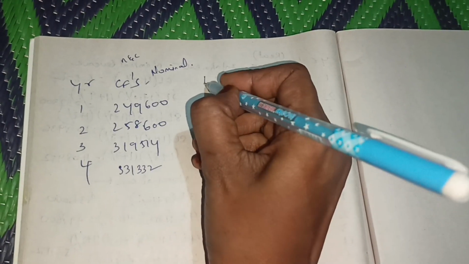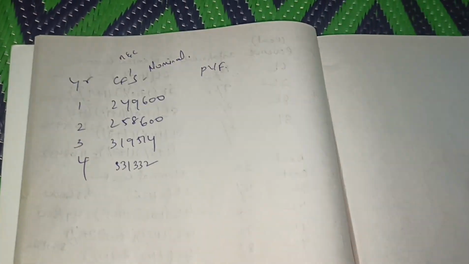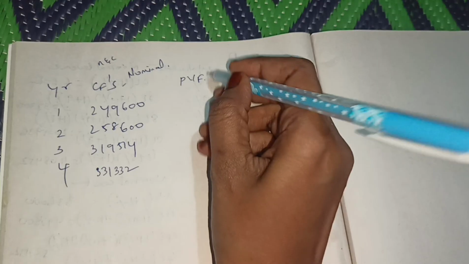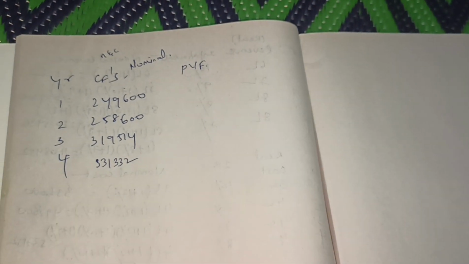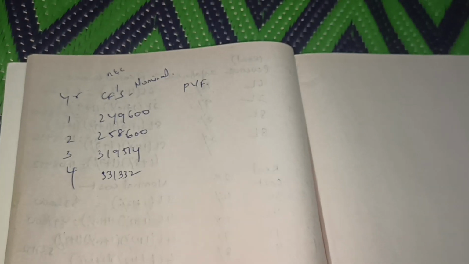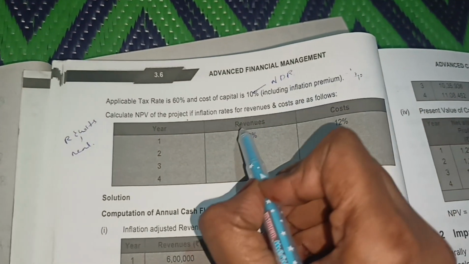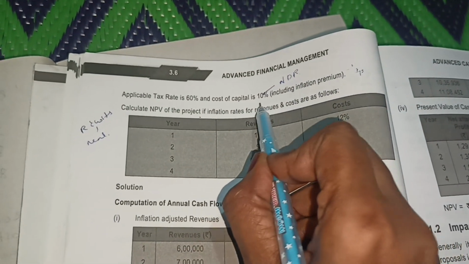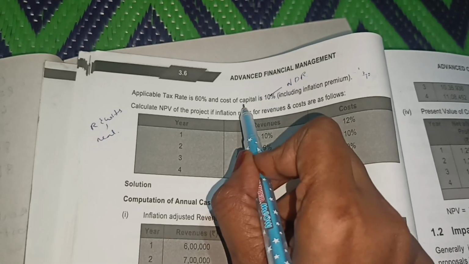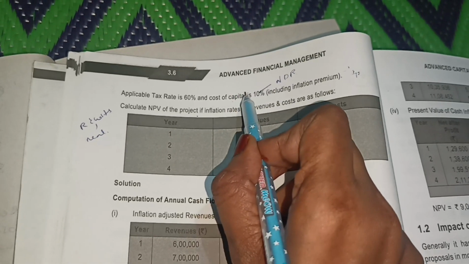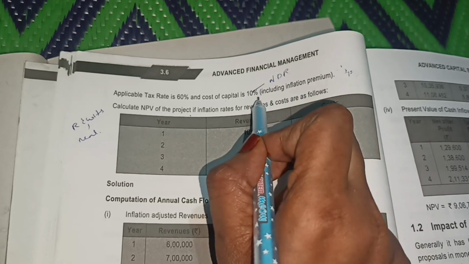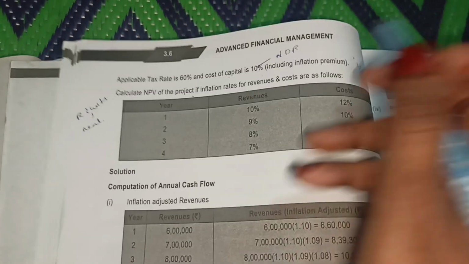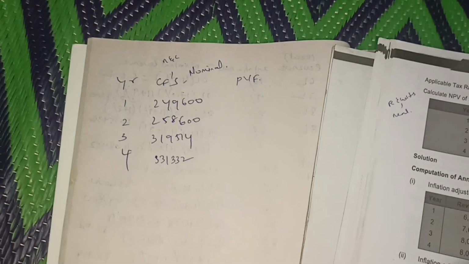Now present value factor. Present value factor or discounting rate or cost of capital, one is the same, which is given in question directly. See here, 10%, and this cost of capital or discounting rate includes inflation. It means it is nominal discounting rate. Now we have nominal cash flows and nominal discounting rate.